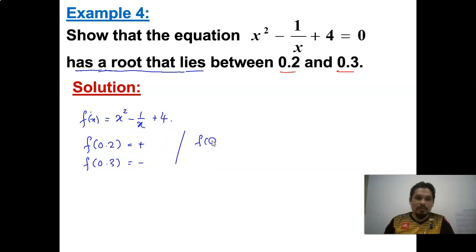If f(0.2) gives negative and f(0.3) gives positive, it also changes from negative to positive. Either one, from positive to negative or negative to positive. If this happens, we come up with the conclusion that there is a root that lies in between 0.2 and 0.3.